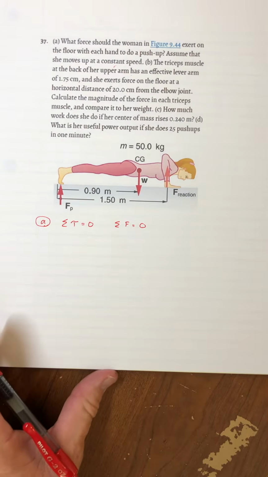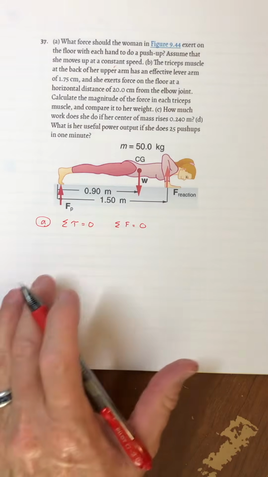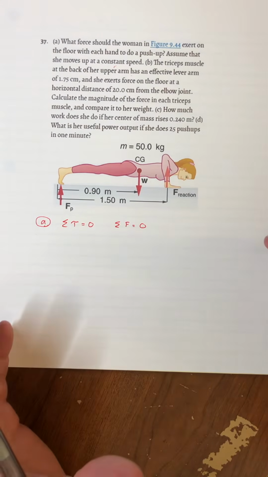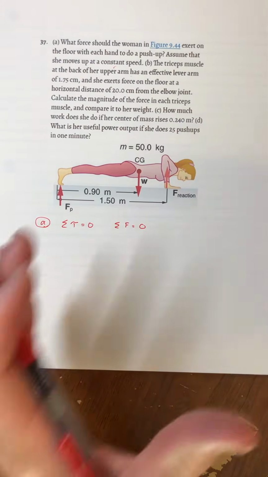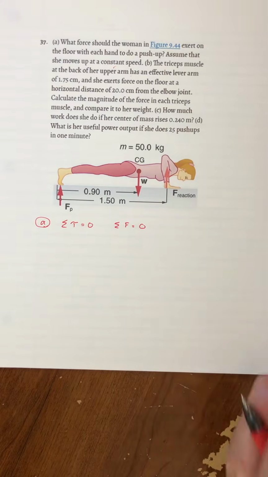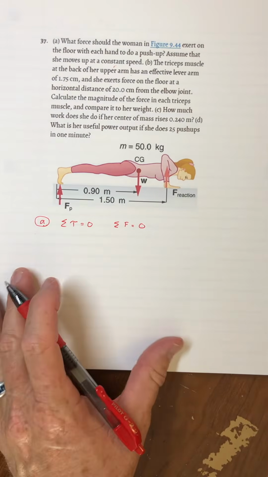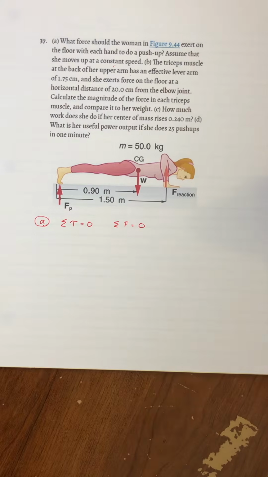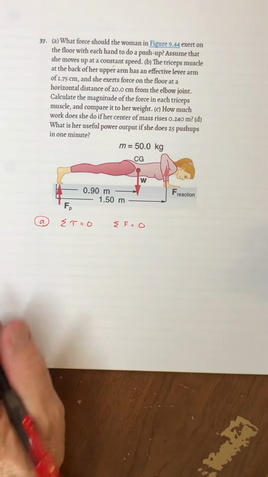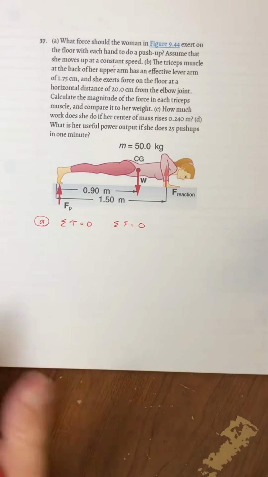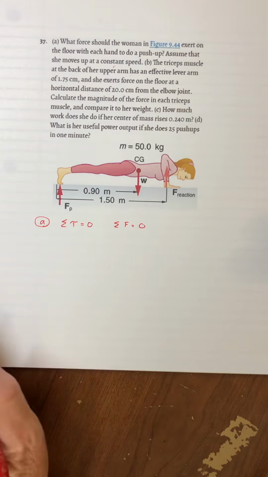So we can use what we call static equilibrium for the case of constant speed, often referred to as dynamic equilibrium. That's a little subtlety that needs to be mixed in with this problem, okay? I wanted to say that up front.